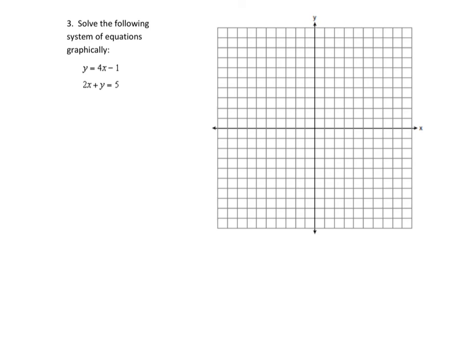Okay, number 3 in your notebooks, what we would like you to do, please, is go ahead and try this one on your own. Use number 2 as an example. Go through those steps. First, get both equations into y equals mx plus b form. Name what the slope and the y-intercept is for both equations.